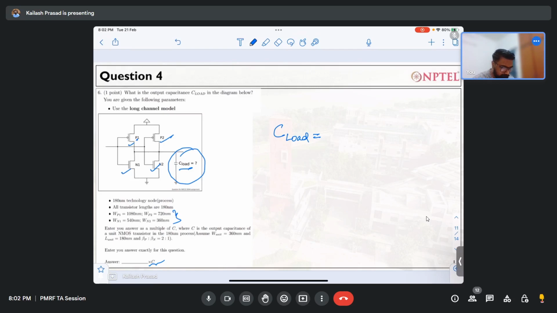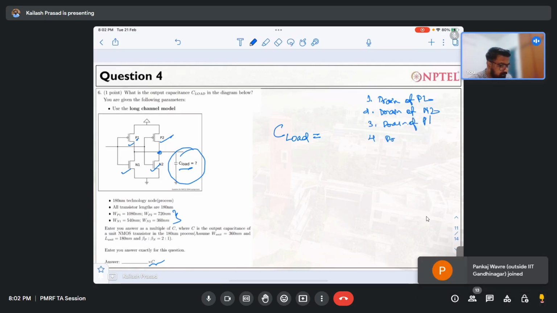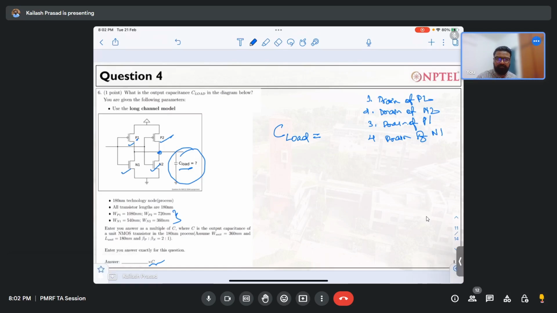Okay, let me tell you how I approach this question. This node is connected to the drain of P2, the drain of N2, and also the drain of P1, and the drain of N1. So the C load is connected to the drains of four transistors.